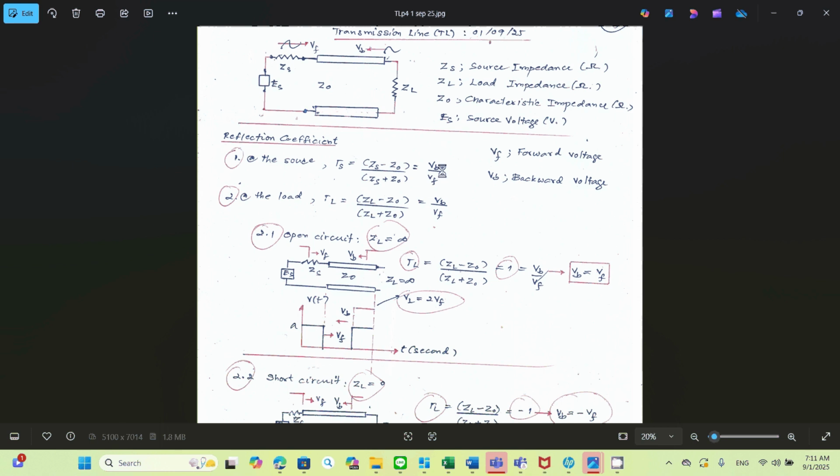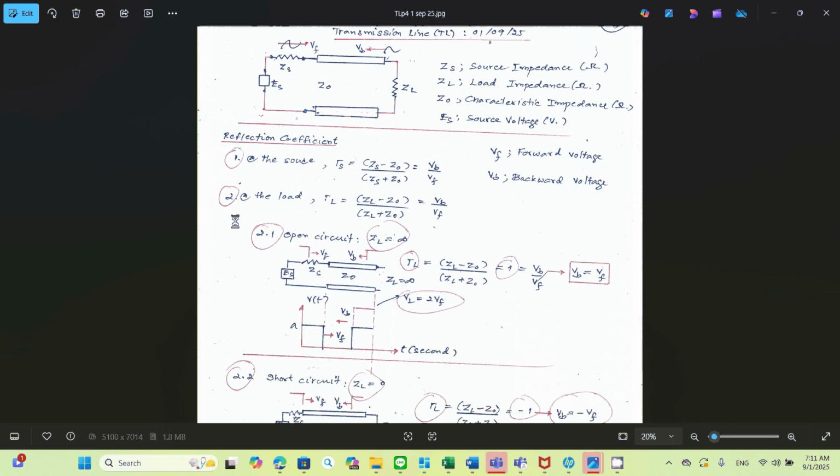That's the ratio of Vb over Vf, which gives you tau, the reflection coefficient. Number 2, take a look at the load end. It's similar to the source. So your tau_L, the reflection coefficient at the load, equals (Z_L minus Z0) divided by (Z_L plus Z0). And of course that is equal to Vb over Vf.